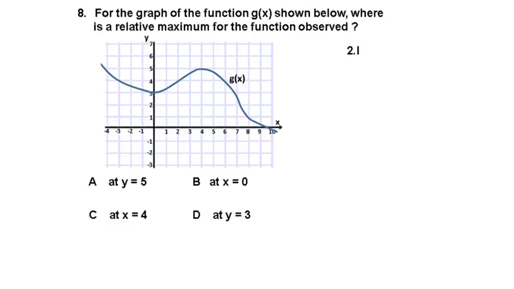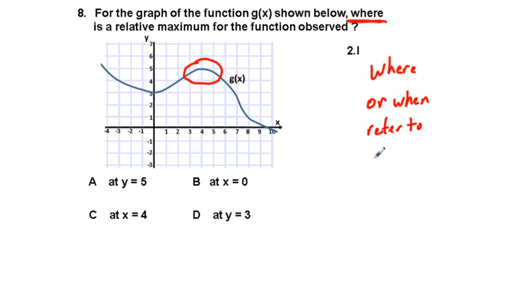8. For the graph of function g of x shown below, where is a relative maximum for the function observed? Well, the only place I see a relative maximum is right here. But now is where the trick comes. Where? The words where or when refer to x values.